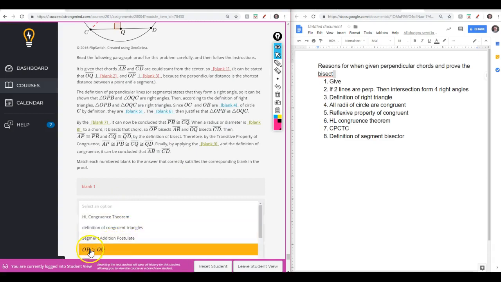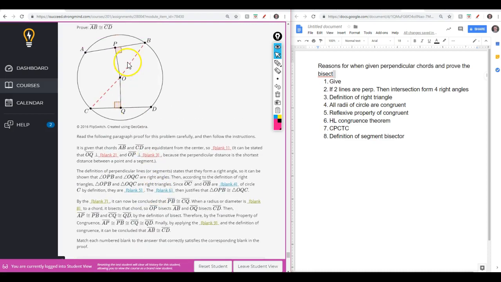So the first one that I see is segment OP is congruent to segment OQ. That is correct because they are radii. Now OQ is perpendicular to blank. I'm looking at the picture and noticing that OQ is showing a 90-degree angle with segment CD. So that one's going to be CD, and blank 3 says OP is perpendicular to blank.